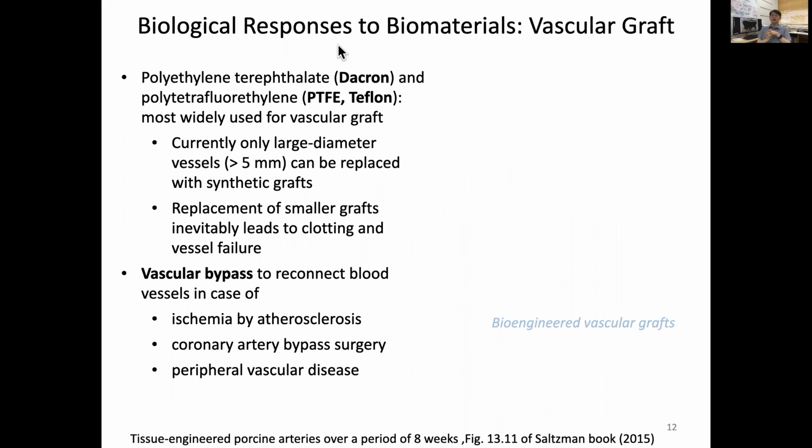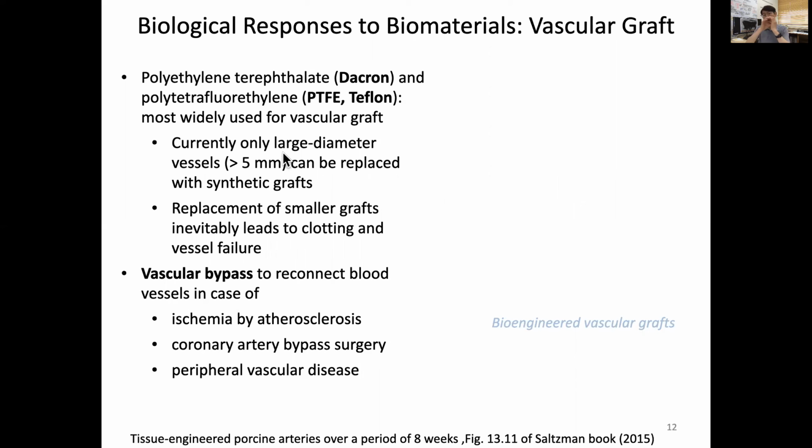A good example of biological response to biomaterial is the vascular graft, which is an artificial vessel. Dacron and PTFE, or Teflon, are the most widely used for vascular grafts.